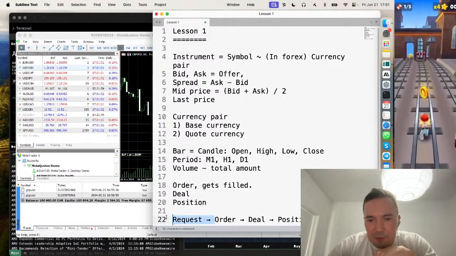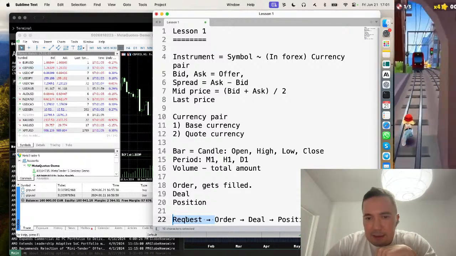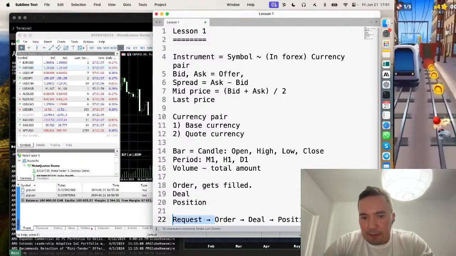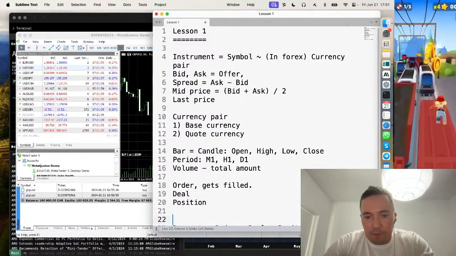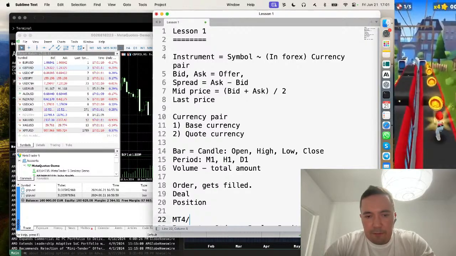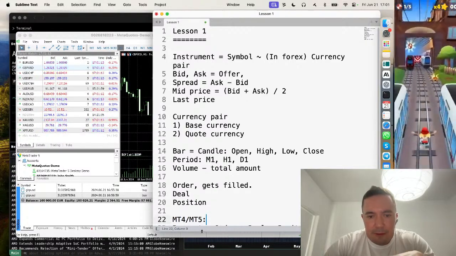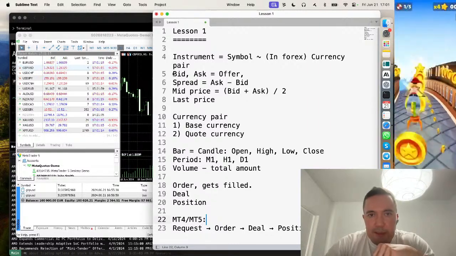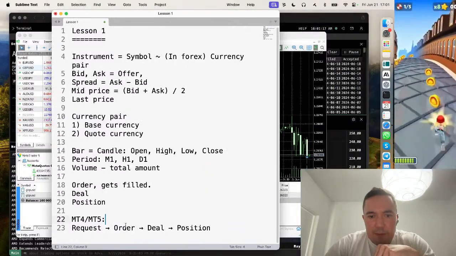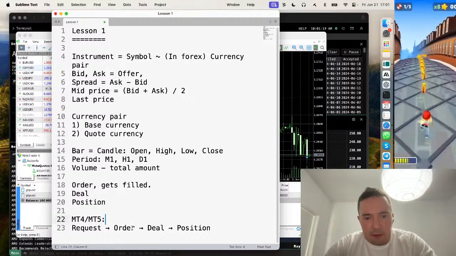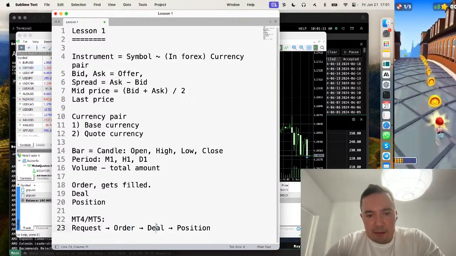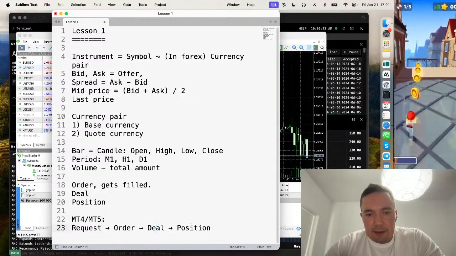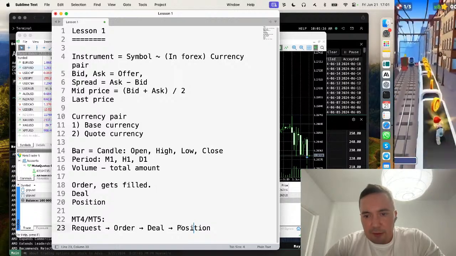I think this part is different for different platforms, right? But in MetaTrader 4 and 5, it is like this. So request becomes an order, and the order makes a deal, and deal results in a position changing, right?